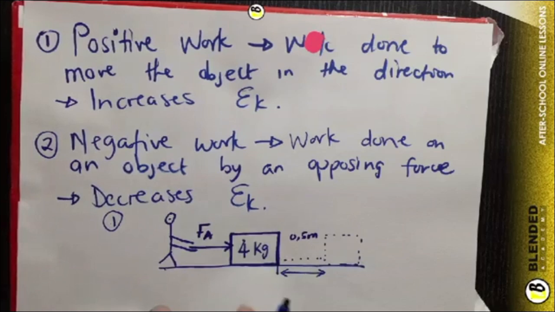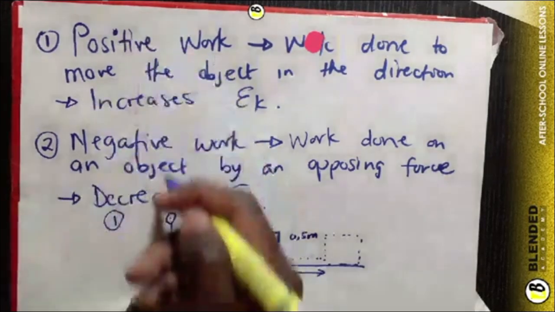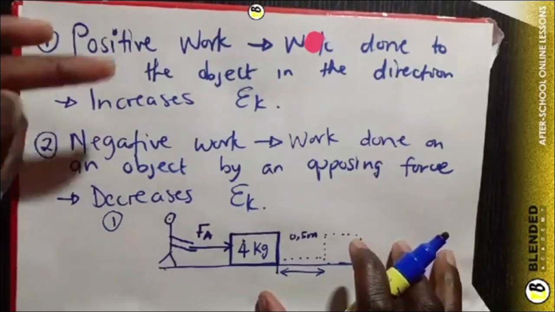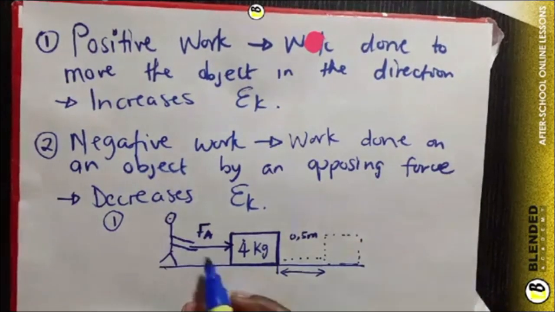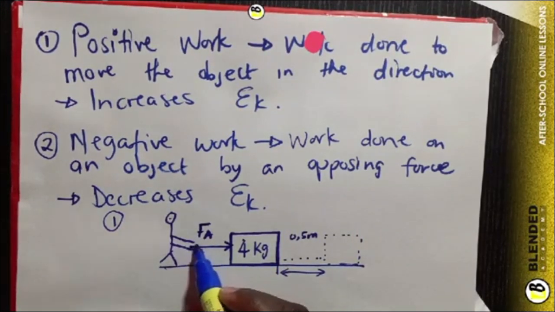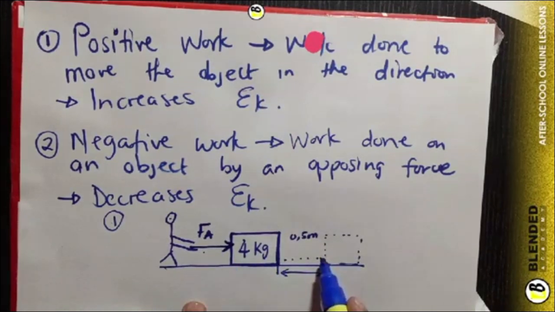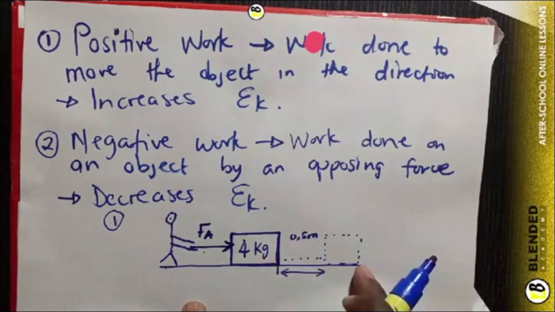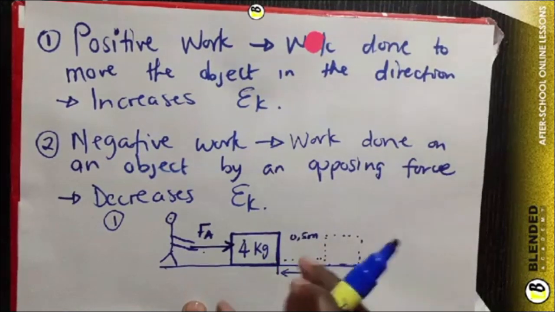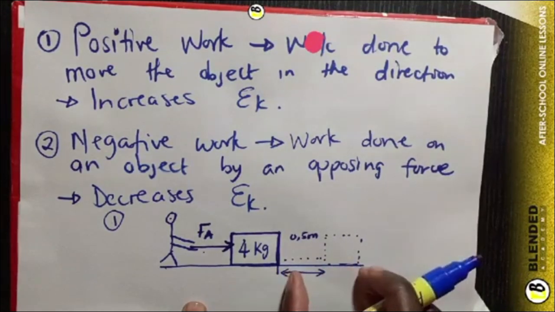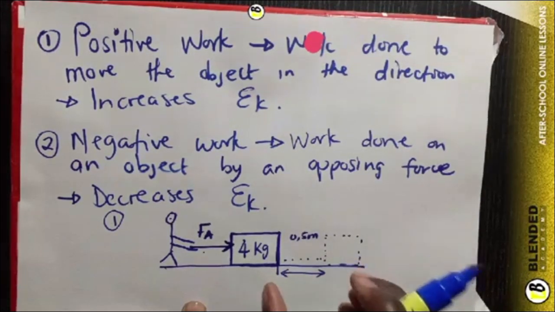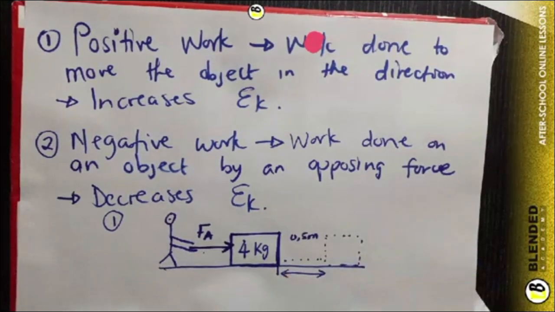You can see from this diagram and the two definitions I've mentioned that this young man is doing positive work on this box because he's pushing the box towards the right, and the box is moving towards the right. So the work done is in the same direction. The box is moving in the same direction as the applied force. So that's when we have positive work done.